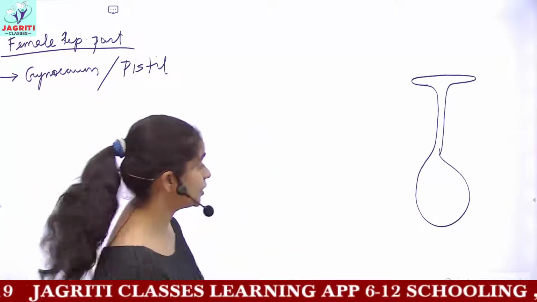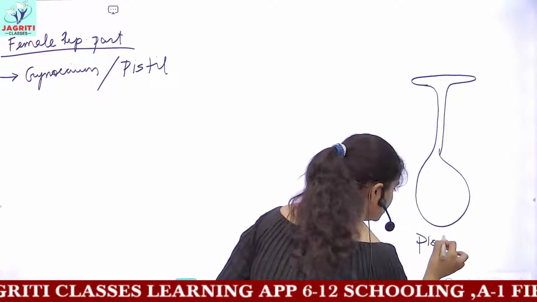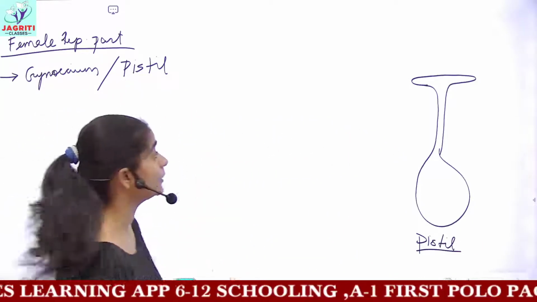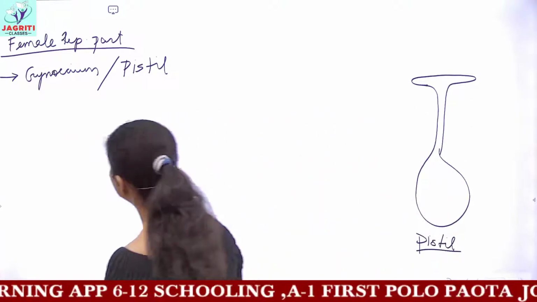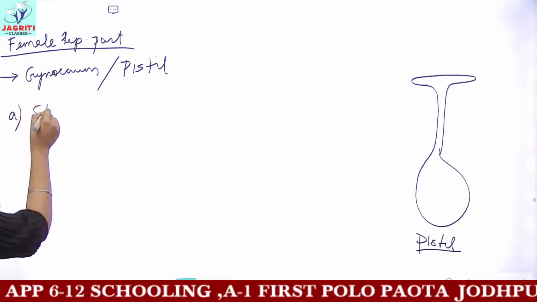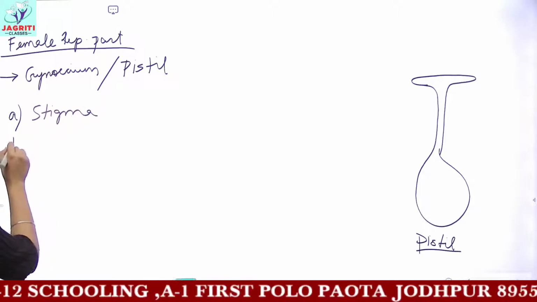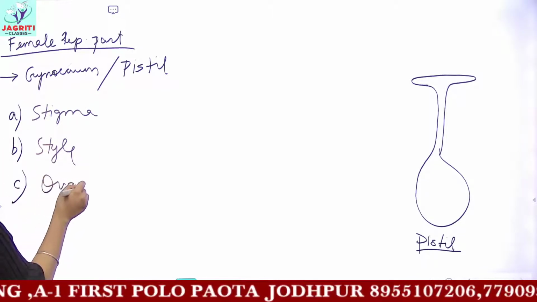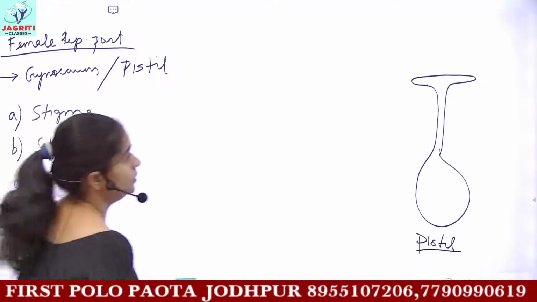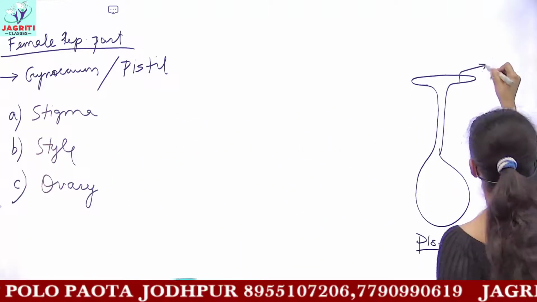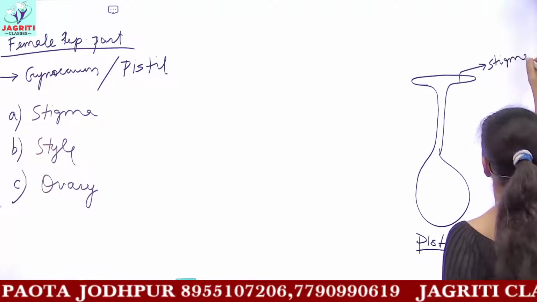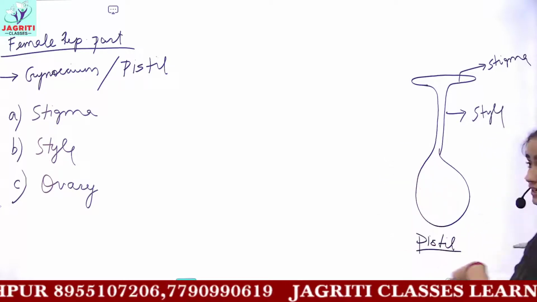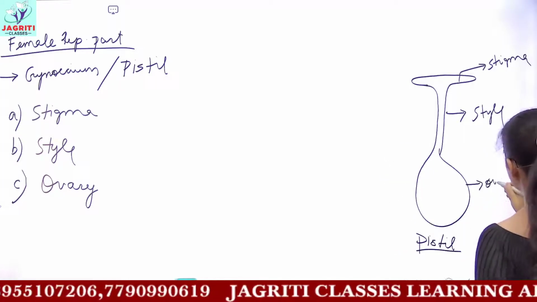So this is the structure of pistil, or you can say gynoecium, which is the female reproductive part. This structure can be divided into three parts. The first one is stigma, the next one is known as style, and the last part, the globular part, is known as ovary. So if we mark in the diagram, this is your stigma, this tube-like portion is known as style, and the bag-like globular portion is called ovary.